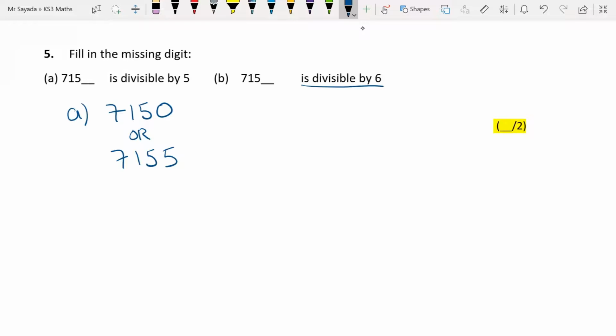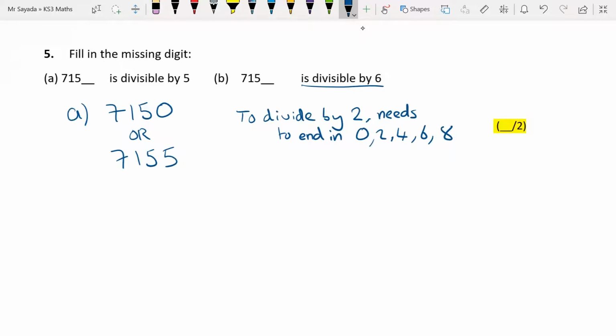For it to divide by 2, what does it need to end in? Say your answer to the video. So you should have said that to divide by 2, it needs to end in 0, 2, 4, 6, or 8. How can we make sure it divides by 3?